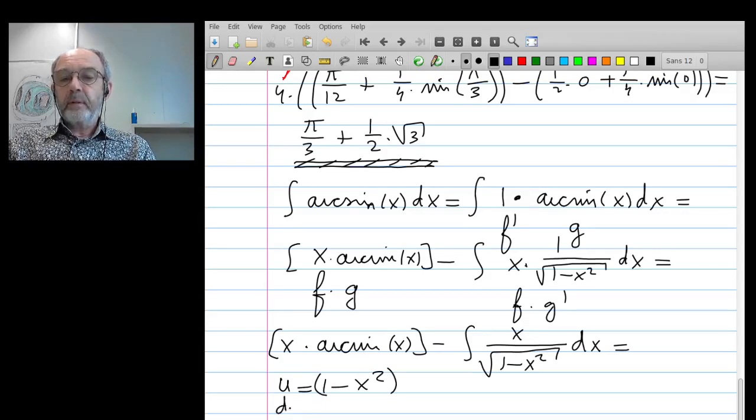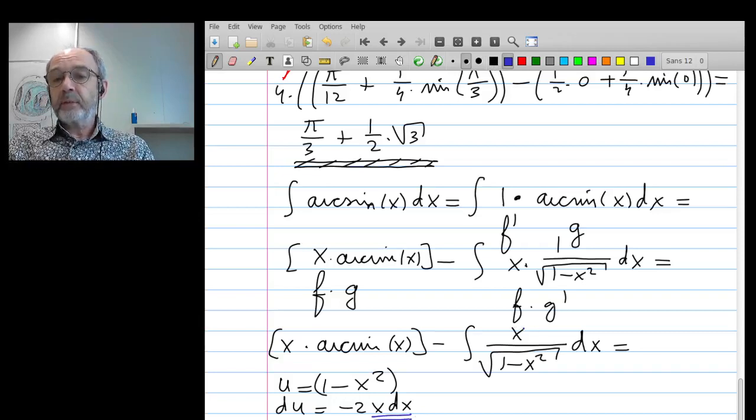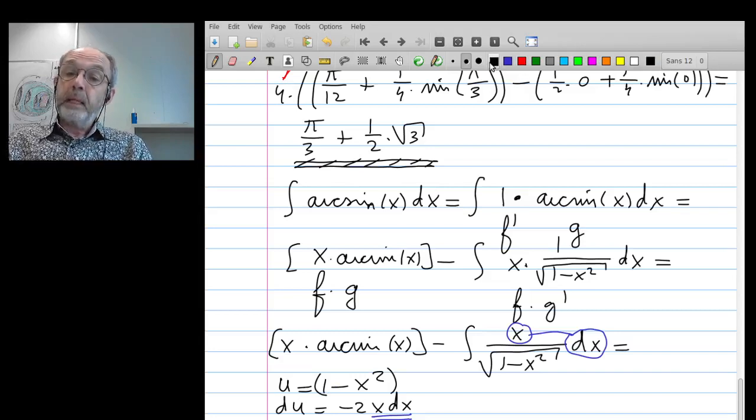And then the du becomes minus 2x dx, and you see that you have your term x dx here also, so I can write that in du, and the square root of 1 minus x squared becomes equal to the square root of u.